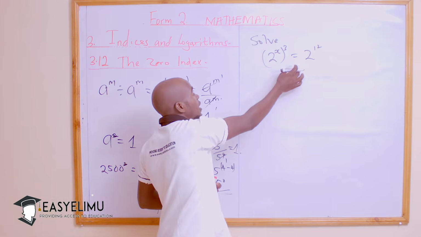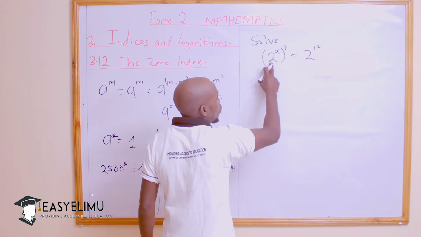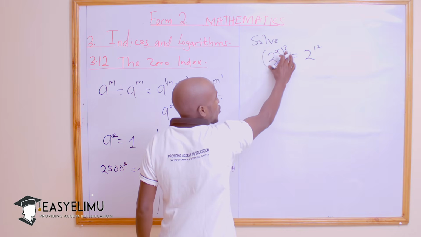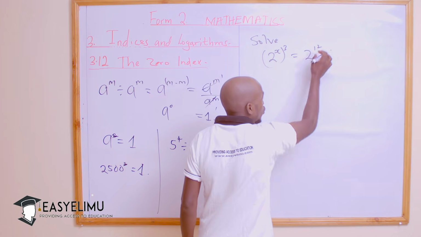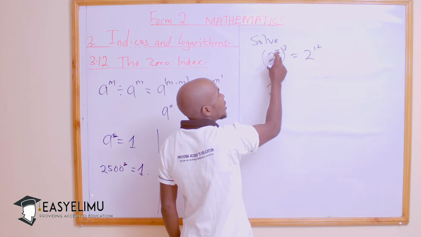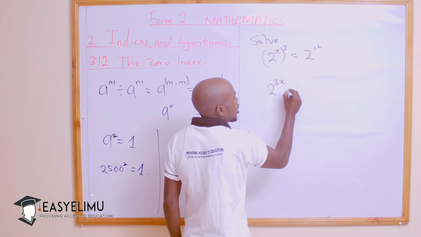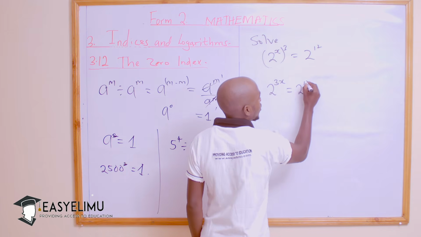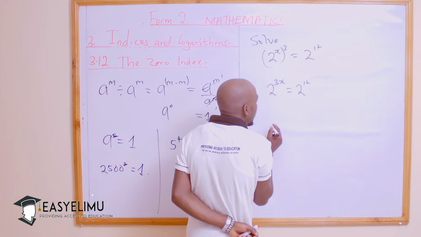For instance, in our case here, if we take 2 and use this product rule, it should be equal to 2 raised to 12. So our powers will be x plus 3, and we shall get x plus 3 equal to 12.